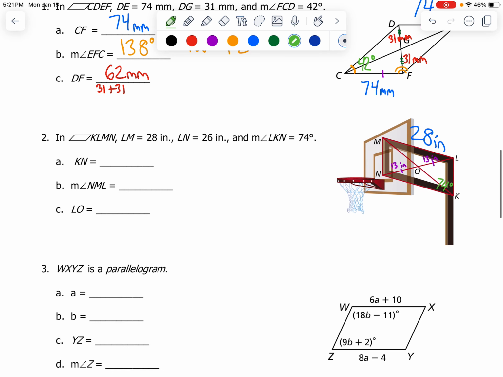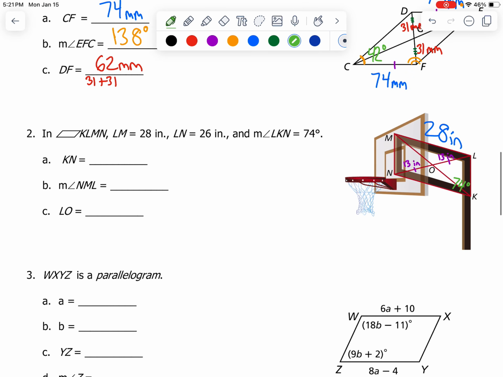So now let's see what it's asking for. So it wants KN. So just like the last problem, opposite sides congruent. So KN is 28. It wants segment LO. Well, if you look at your picture, we already have that number written down, and that's 13.